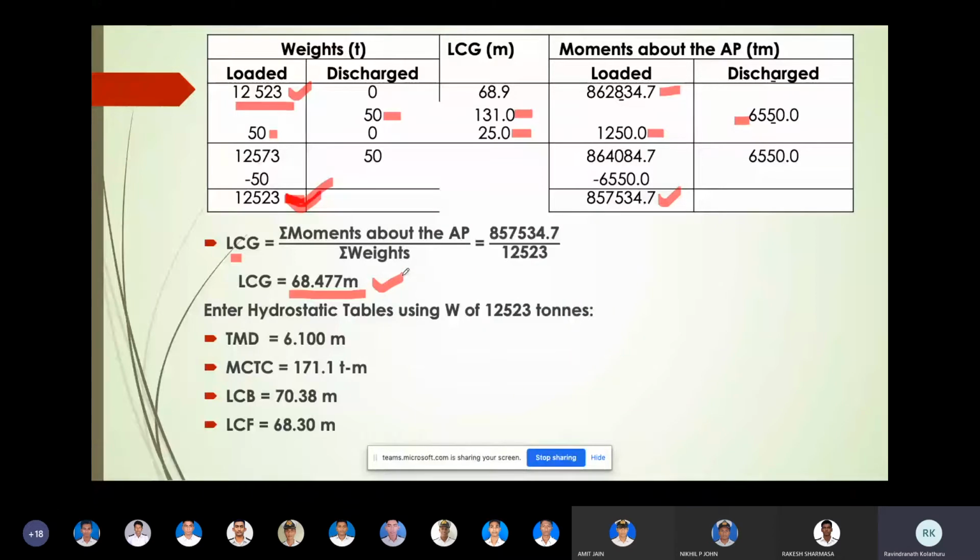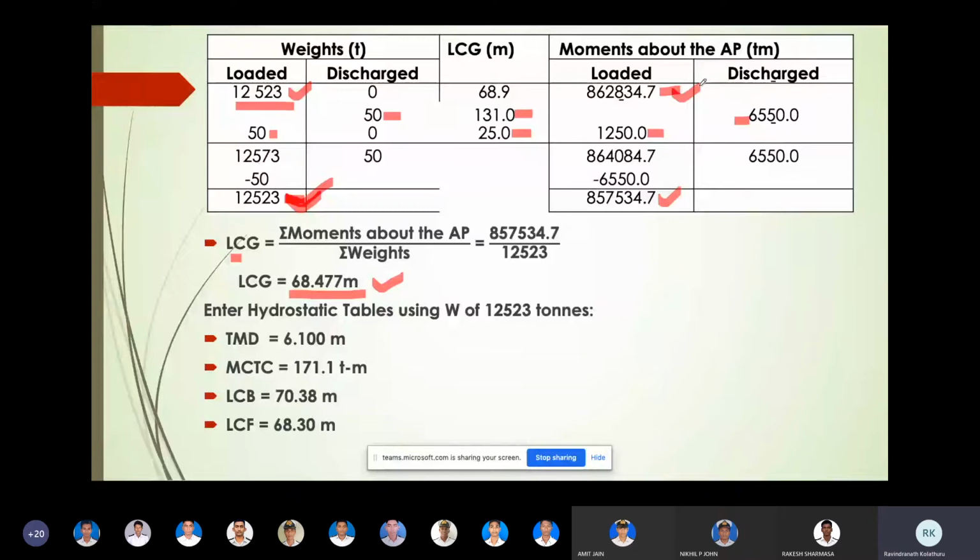Now why are we doing this in shifting of weights? In the previous problem on shifting of weights, we used to find the distance and all those things. Here we are taking this approach because we know the displacement is not going to change, but we need to find the final LCG. From 131 to 25, when this change occurs, the moments will change.